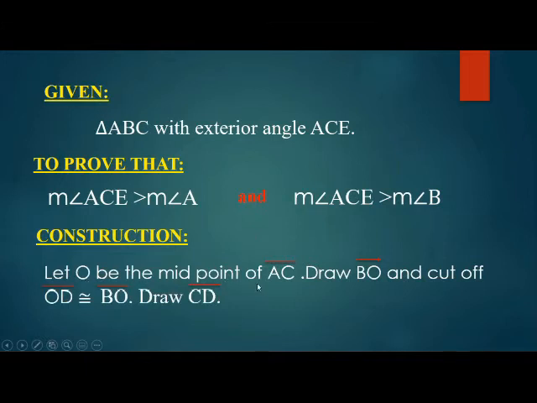Let O be the midpoint of AC. First we cut AC at the midpoint. Then we have drawn BO and cut off OD congruent to BO. So we have extended BO to D in such a manner that OD is congruent to BO. Then we have also drawn CD. We joined D to C.